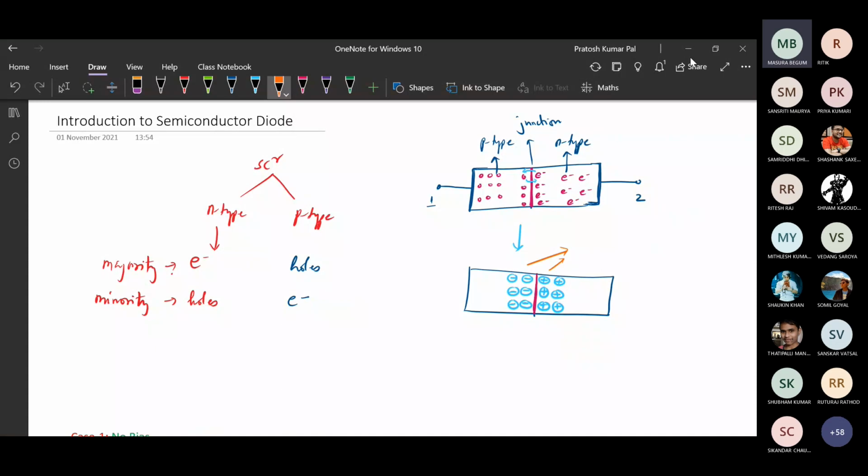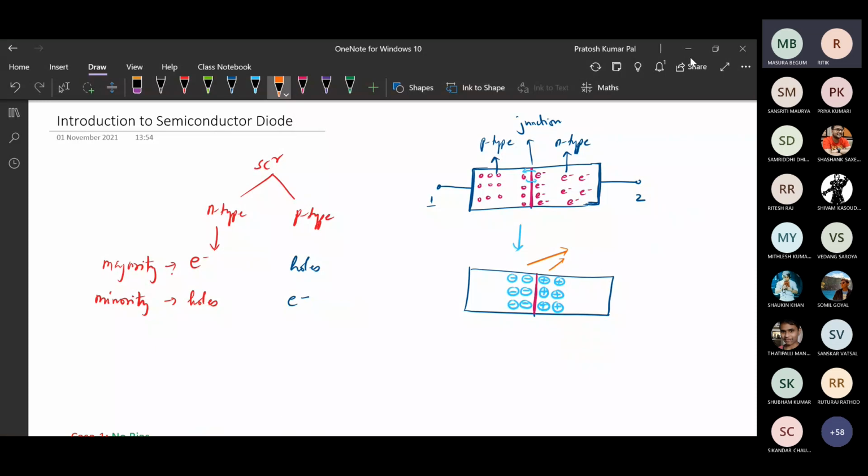There are some other names also, like contact potential or knee voltage. It is also called the junction potential, because it is a potential difference across the junction. And it is called barrier potential also.